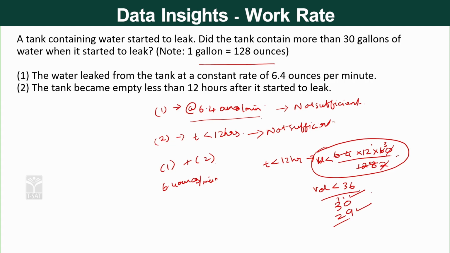So, you cannot definitely tell if the tank contained more than 30 gallons of water. It should just be less than 36, that is it. So, together they are also not sufficient to answer the question. So, the answer option is E, when both together are also not sufficient to answer the question.